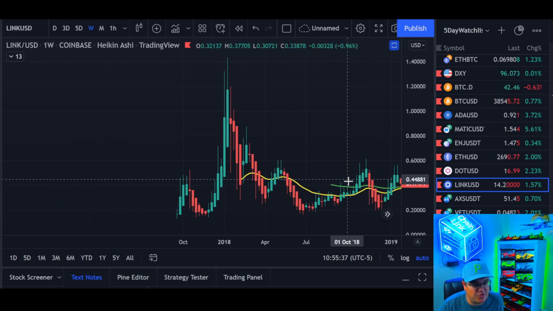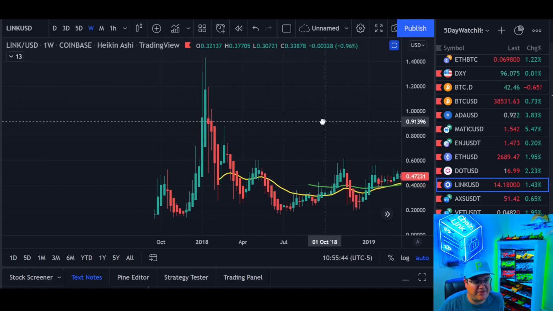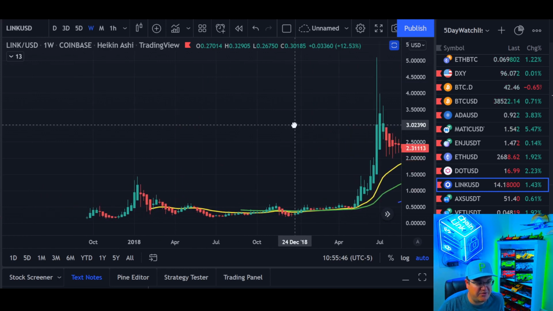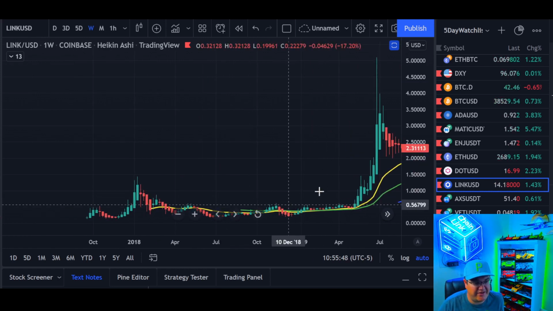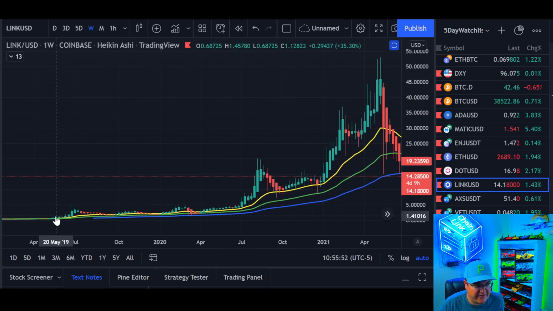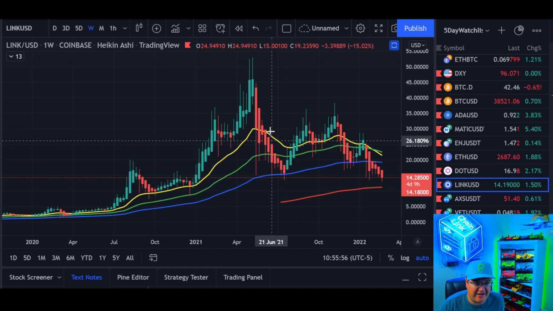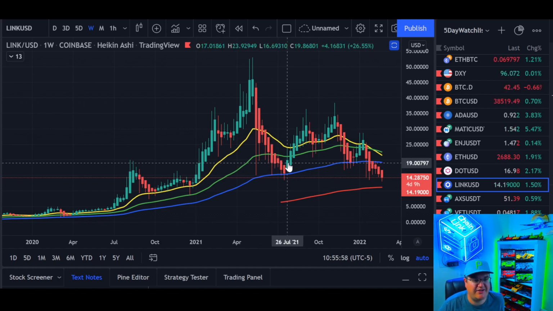So we can only go back to 2018 because Chainlink's not as old as Bitcoin or Ethereum, and we don't have a ton of history. But pretty much for Chainlink's entire life, it's been relatively price bullish. So these kinds of moves have come in a prolonged downtrend, cool off, consolidation phase, if you will.